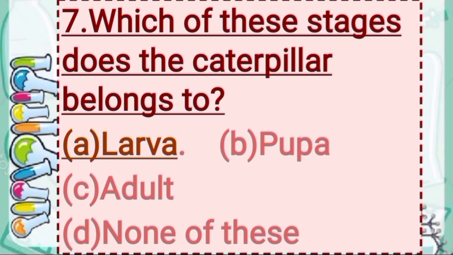Answer is option A, larva, because in the life cycle of butterfly, the larva of butterfly is known as caterpillar.